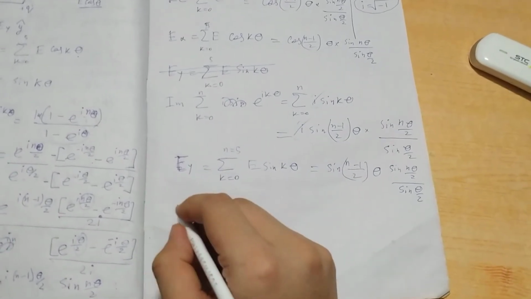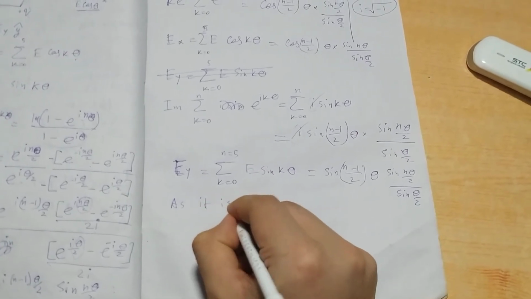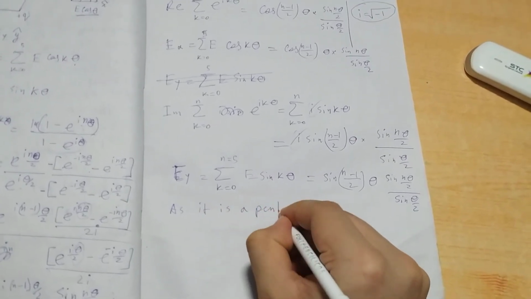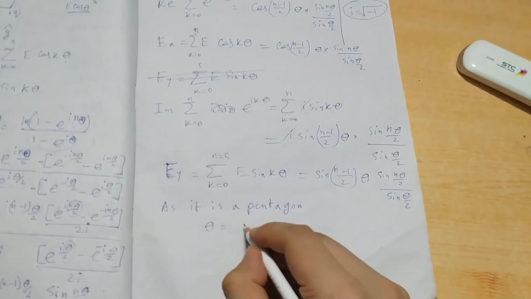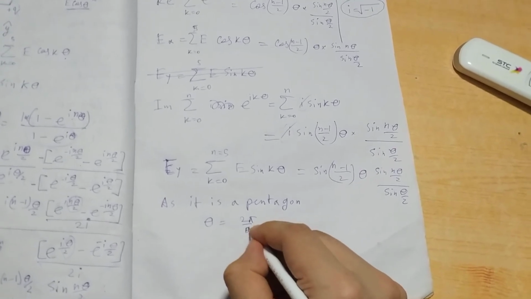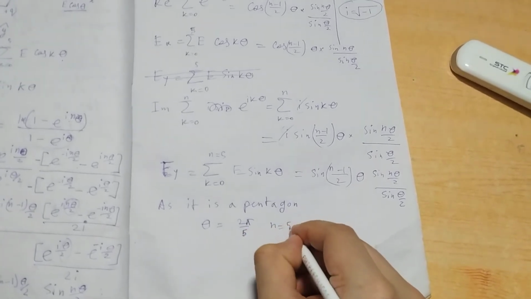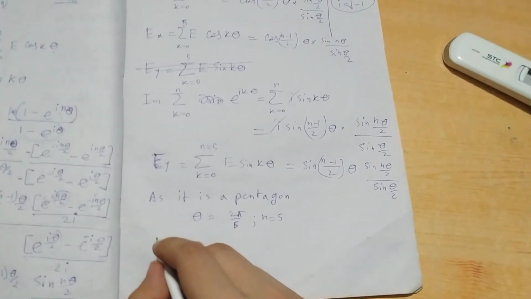As it is a pentagon, theta will be equal to 2 pi by 5, and we know that n is equal to 5. So let's calculate.